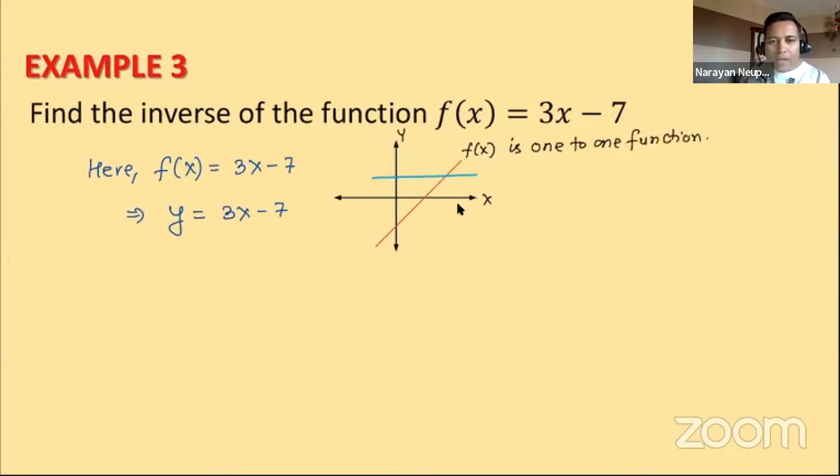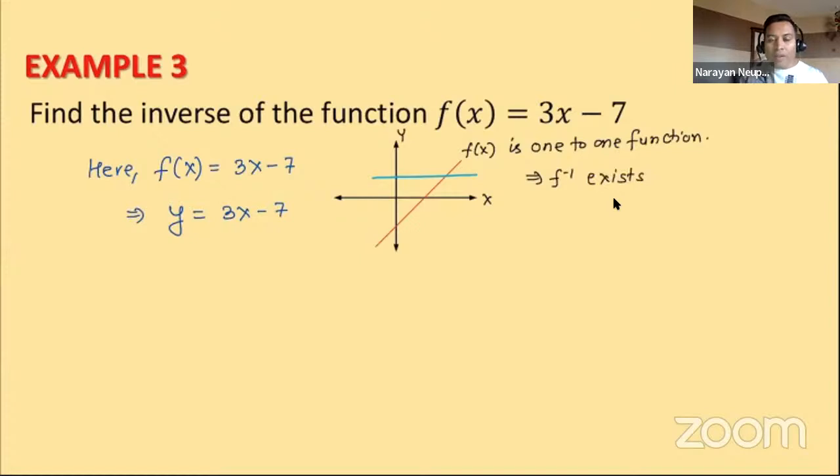This test that I've done here is called the horizontal line test. If the horizontal line crosses the graph at only one point, then the function is one-to-one. So that means it has the inverse. This implies f inverse exists.